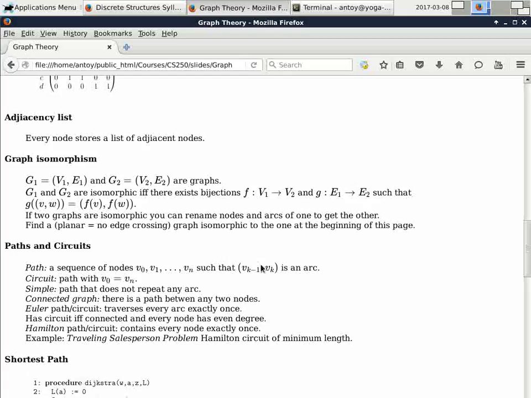Let me call this A, B, C, and D, and this one X, Y, Z, and T. All right? So I can map nodes of one to the nodes of the other one. For example, I can map A to X, B to Y, and this mapping is a bijection.